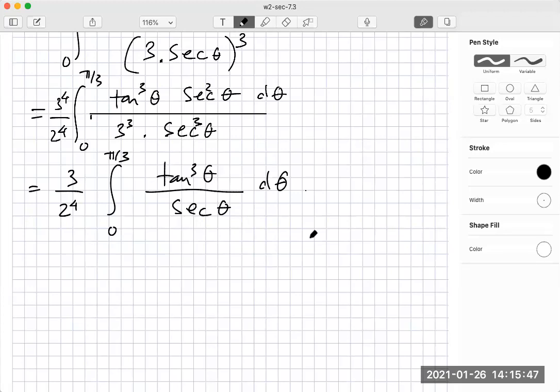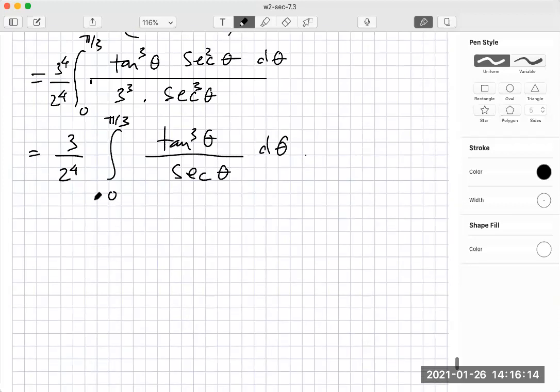So what should we do? Yeah, it's none of the forms we have seen in the strategy, right? But tan and secant, we can write in terms of sine and cosine, right? But if we do it, would it make it simpler? Let's try, right?